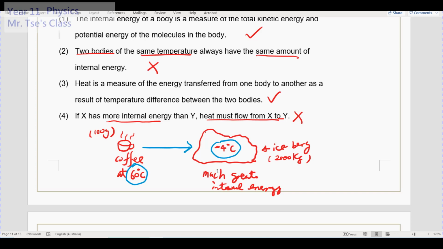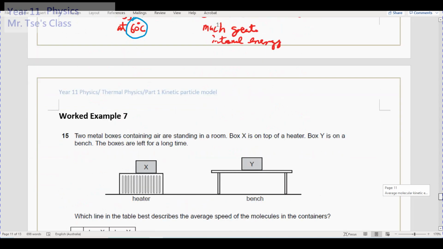So what determines the direction of heat flow is the temperature, not the amount of internal energy. Even though you might have much greater internal energy, that doesn't mean you have higher temperature. Think about this case and you will understand why.